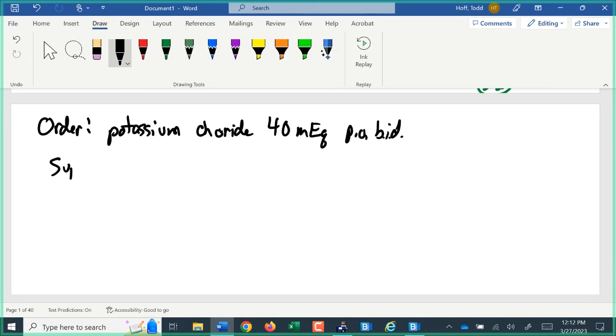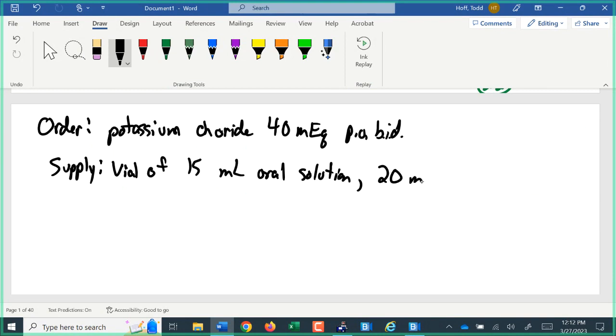Potassium chloride is an electrolyte used for equalizing out the body in many cases. So supply, we're looking at a vial of 15 milliliters of oral solution. Constitute 20 milliequivalents per 15 milliliters.